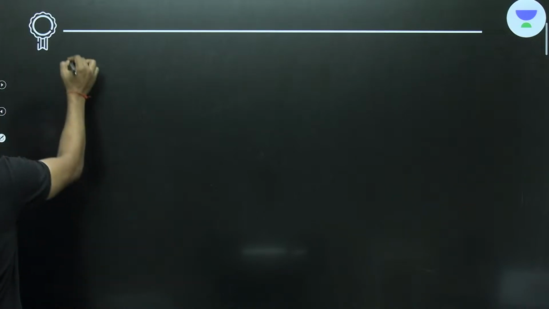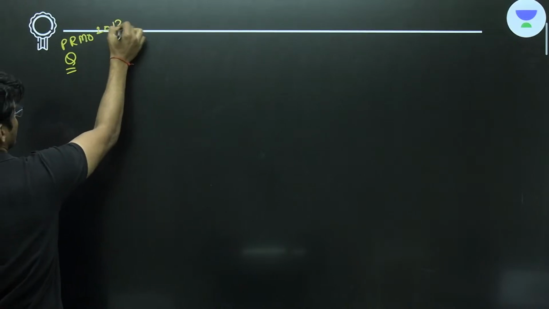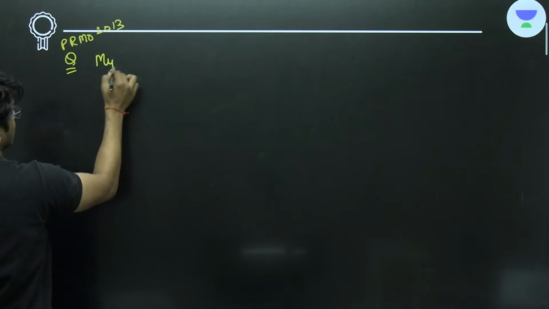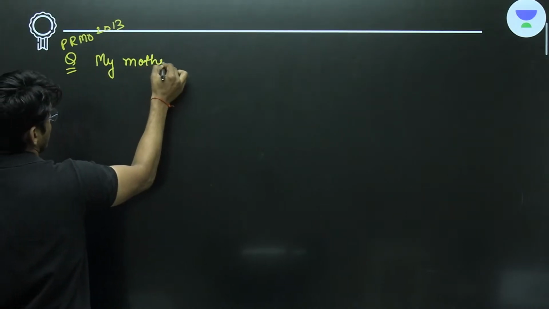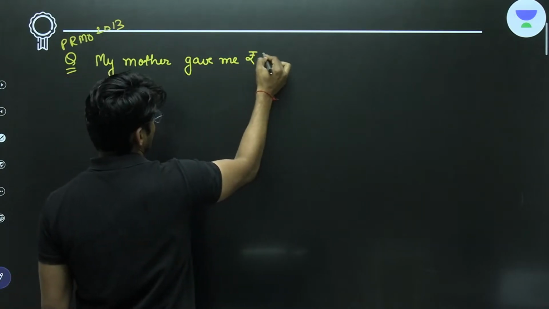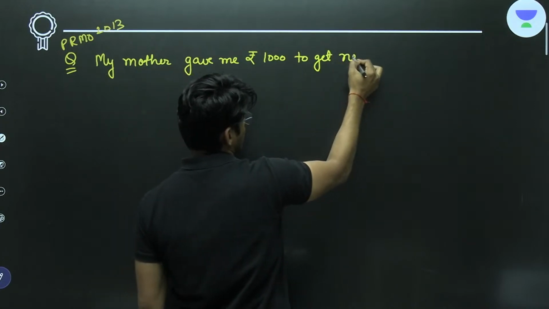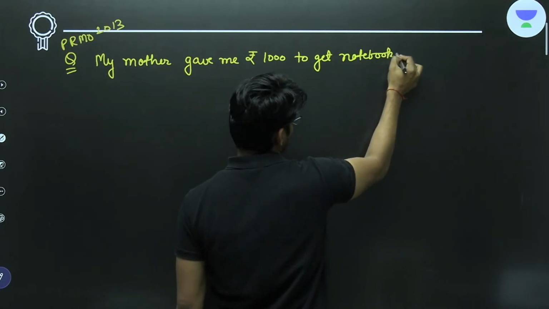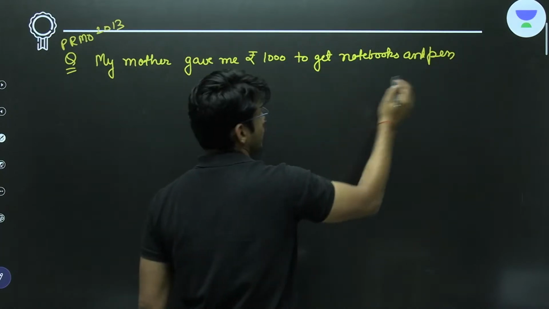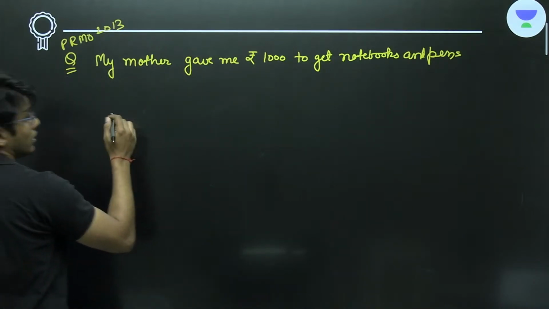Now we are going to do some PYQs. This is, I think, pre-RMO 2013 PYQ, if I'm not wrong, right? It was an alphanumeric problem. My mother gave me ₹1,000 to get notebooks and pens, right?